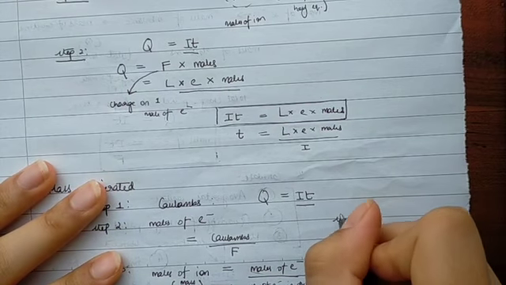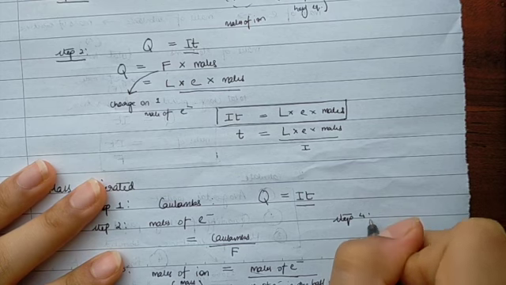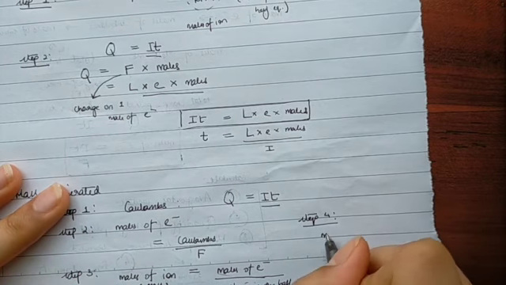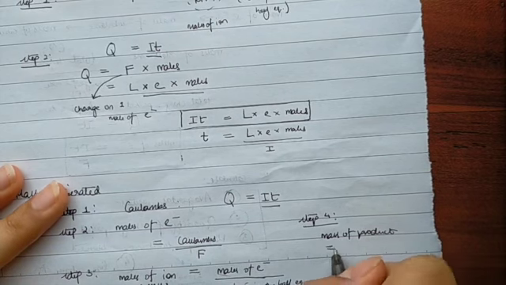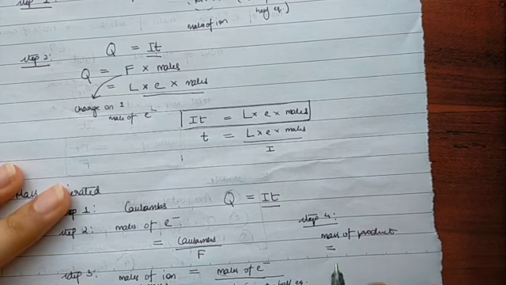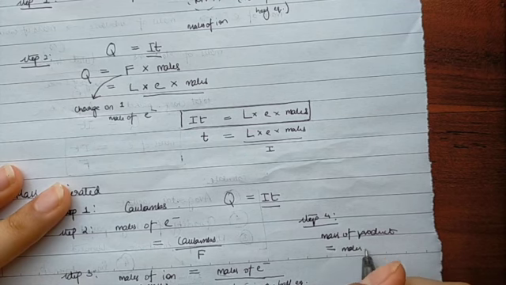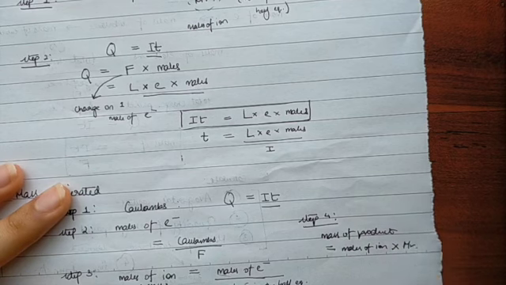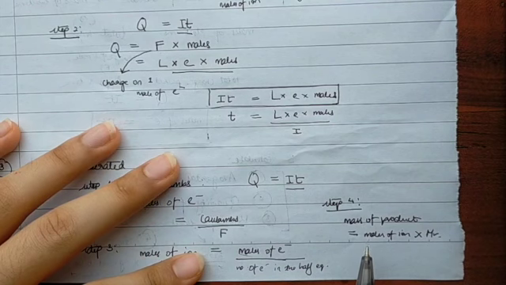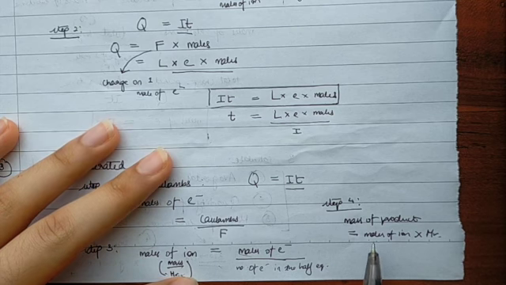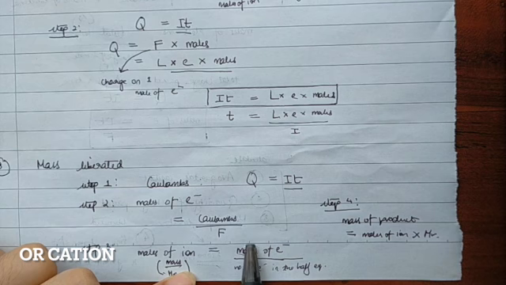So step 4, the mass of the product is equal to moles of ion times mR. So this is again from the general moles equation, mass equals moles times mR. And the moles that we use is the moles of the ion calculated from step 3.